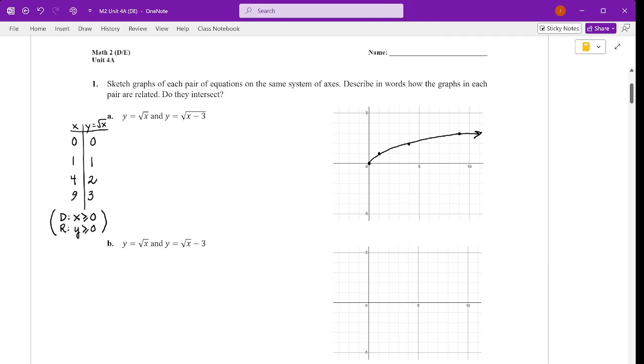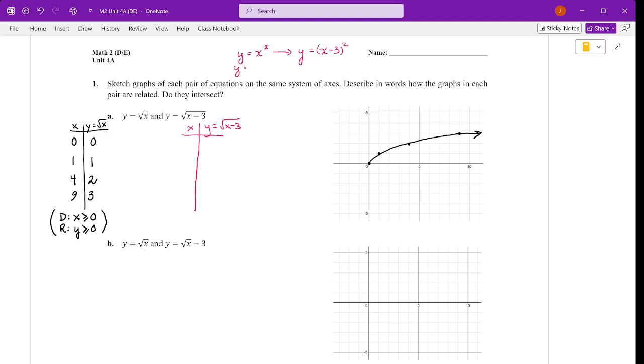Okay, so if we look at the other function, I'll use a different color for that. Notice the x got switched out for an x minus 3. We've done a bunch of problems like this now: if I start with y equals x squared and then turn it into y equals x minus 3 squared.